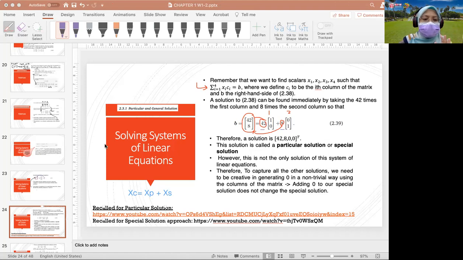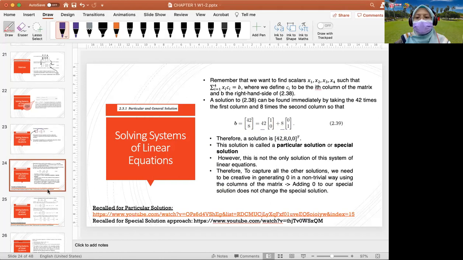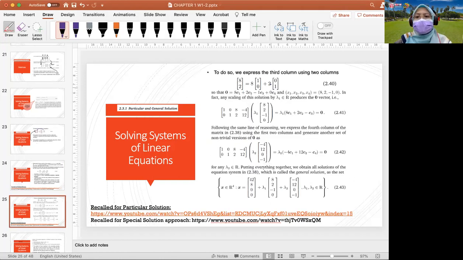To get the other solutions, we express the third column using the first two columns.